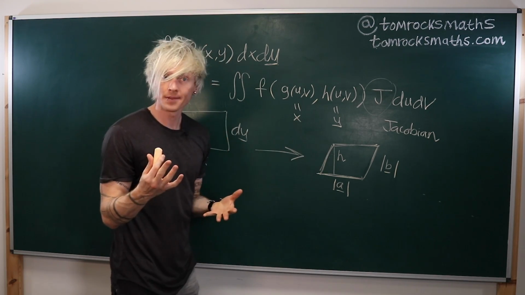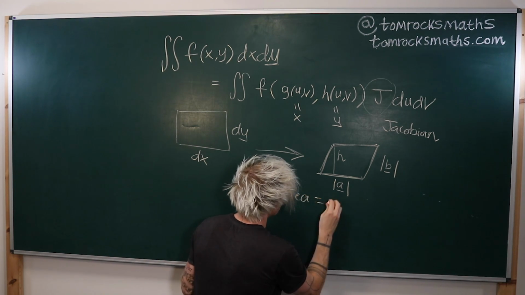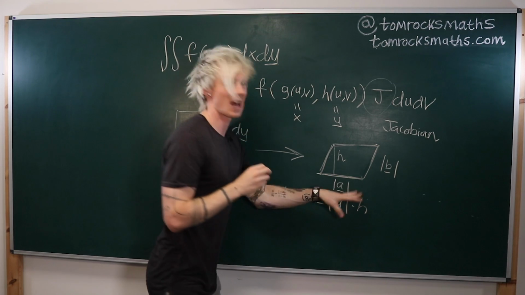So the area is going to be equal to the length of a, which is the base, multiplied by h, the height.